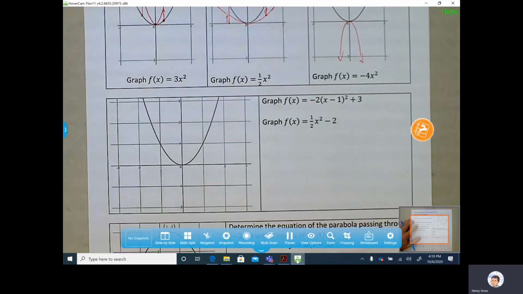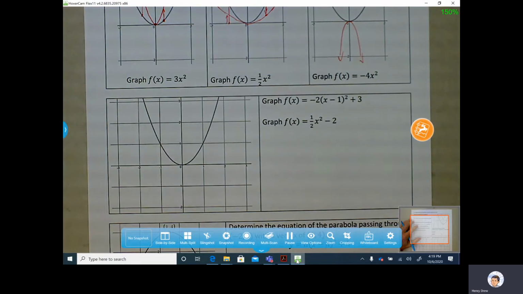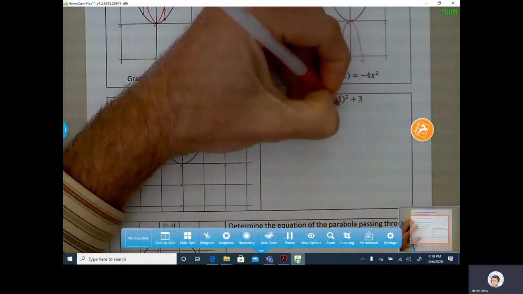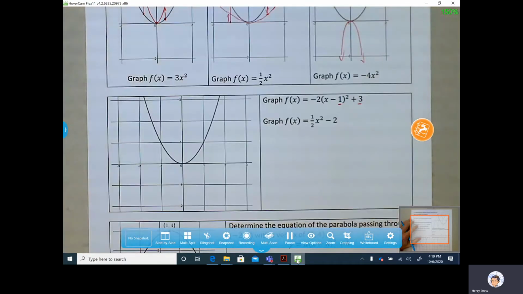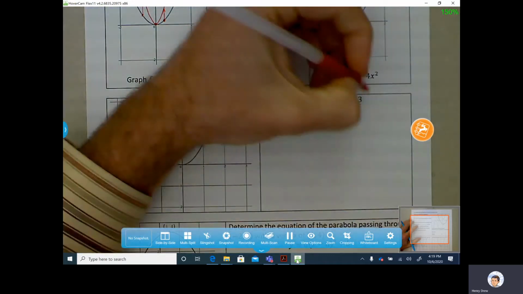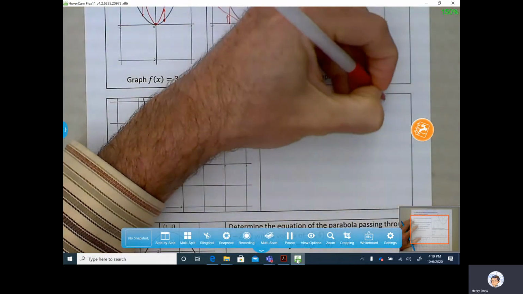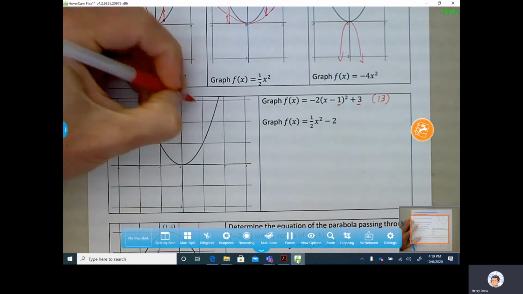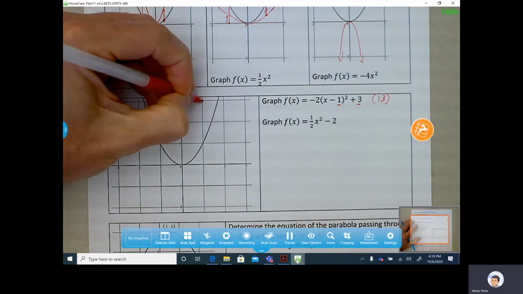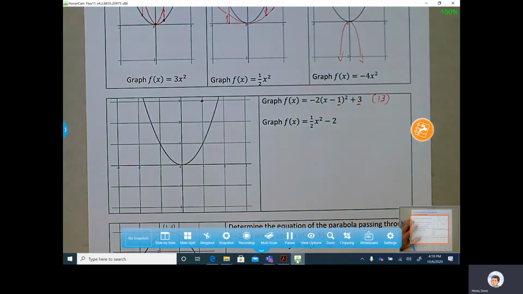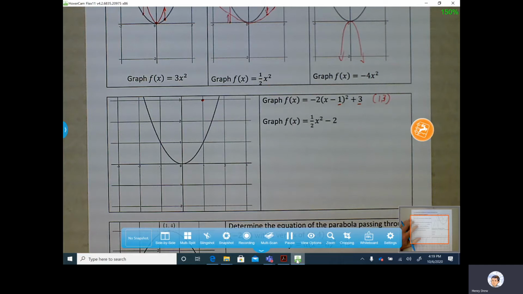I'm not being super specific here, but I have a sense of how this is going to graph. So when I go to plot in vertex form, I want to take note, first of all, of where my vertex is. I'm going to be at 1, 3 here. So I want to come to 1, 3. My amplitude tells me that I'm going to be oriented downward and stretched.